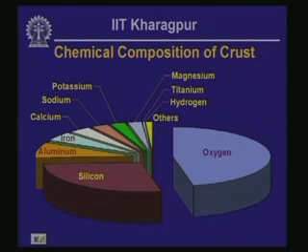And there are several other constituents. The next most abundant one is aluminum, and then you have iron, calcium, sodium, potassium, magnesium, titanium, hydrogen, and finally the remaining chemical constituents that are clubbed together as others. So, the most abundant minerals are composed of silicon and aluminum.